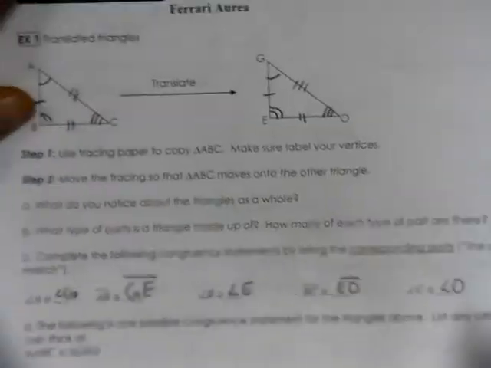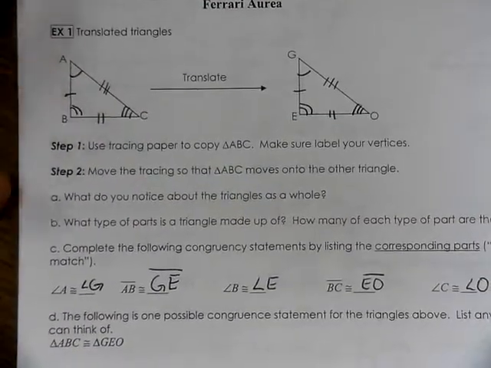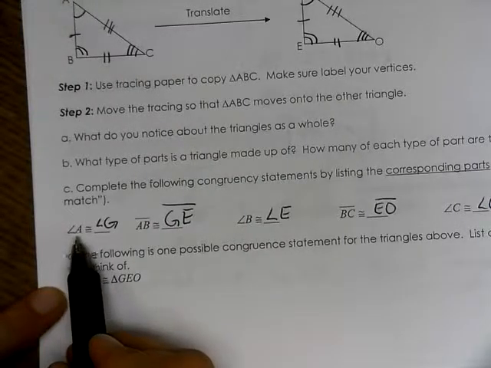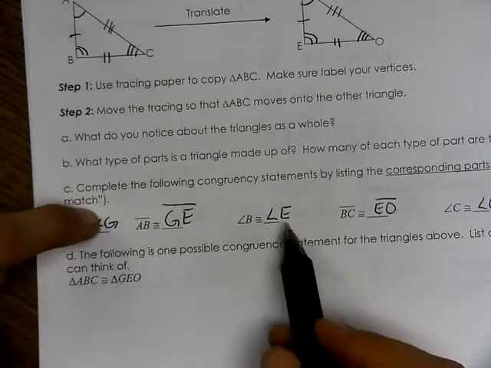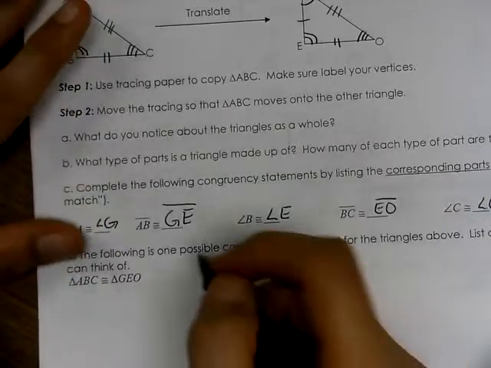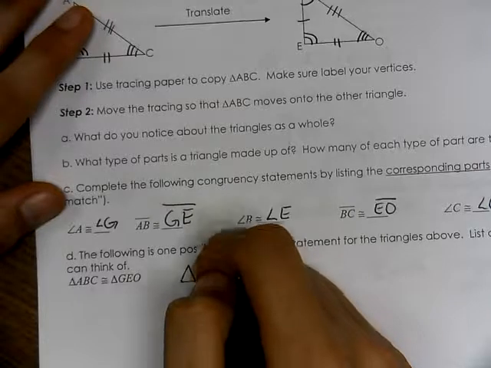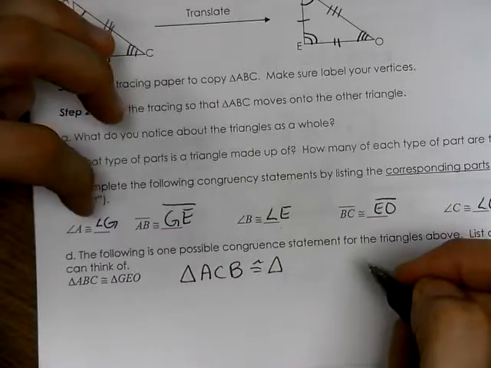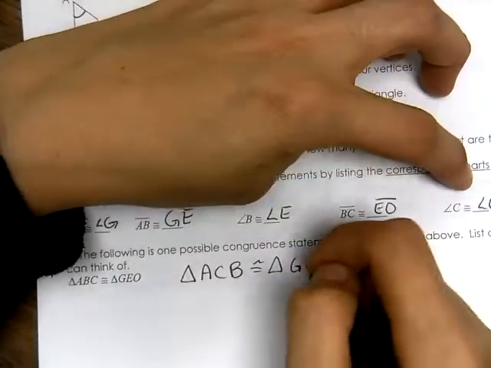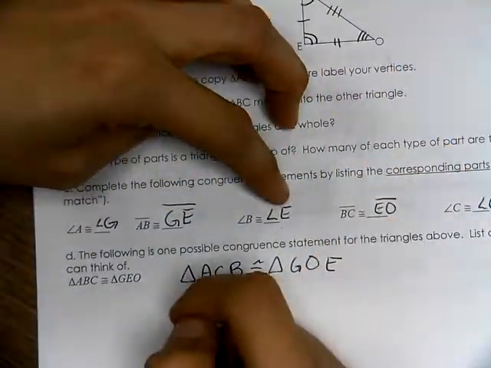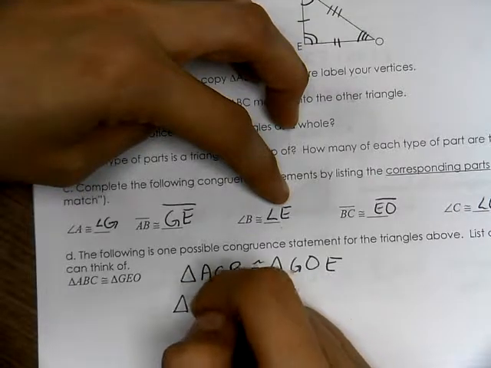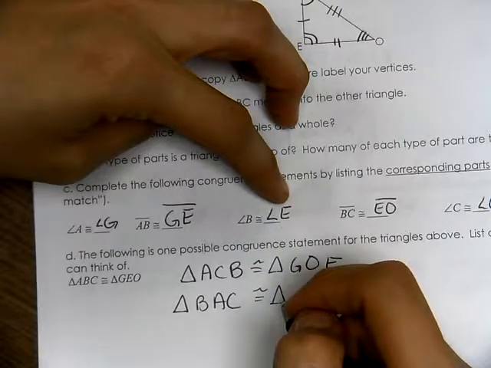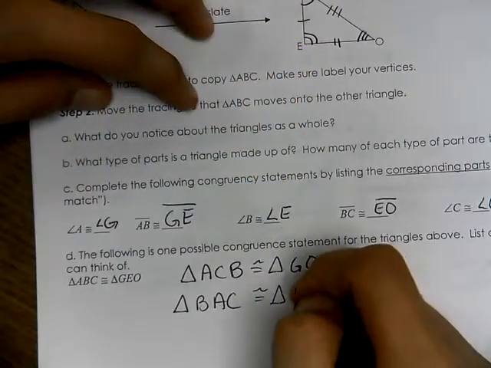So I can write that these two triangles are congruent 6 different ways. The first way I wrote out for you, ABC goes with GEO, because A's with G, B's with E, C's with O. I can switch that up. I could do triangle ACB is congruent to triangle, now it's got to go in order, GOE. I could say triangle, let's start with B, BAC would go with triangle EGO.